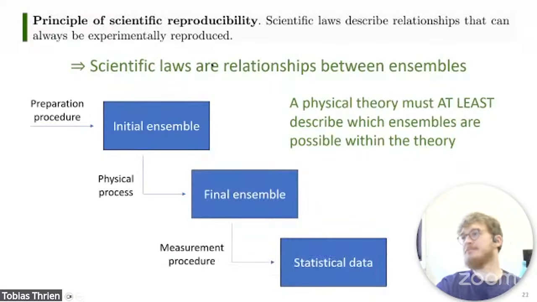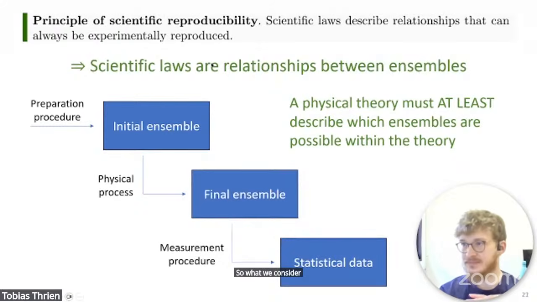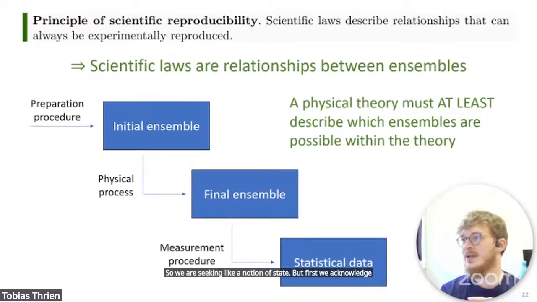So what we consider here is, we start with another principle, the principle of scientific reproducibility. So we are seeking a notion of state, but first we acknowledge that we actually never talk about the specific state at a specific instance.